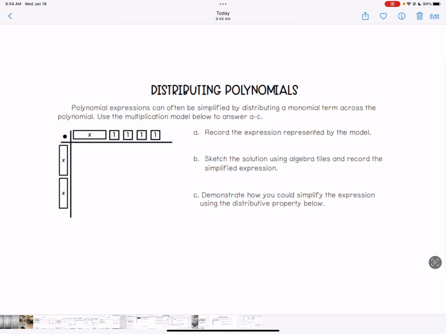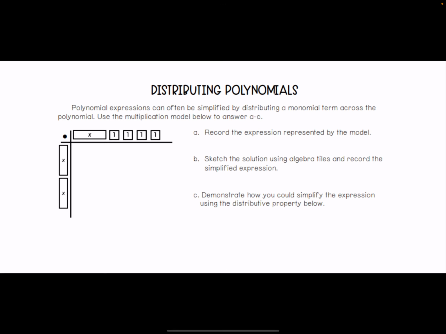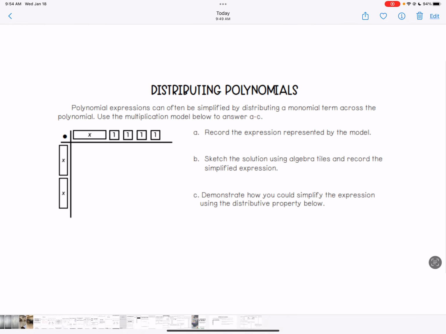So, starting to distribute. You have been distributing for quite a while. I think you learned it in 6th grade. We distributed when we did solving equations. And so this is how we used to do it.